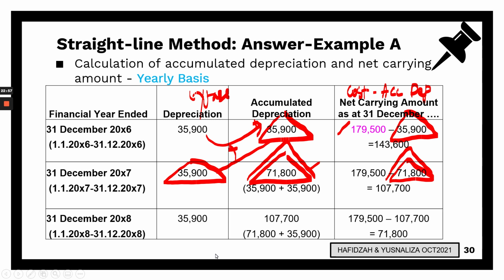In the third year, it would be the previous year balance, which is the 2007 balance, that will now be the beginning of the year. So now you will have to add that.